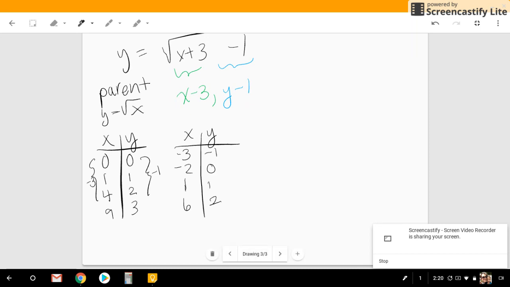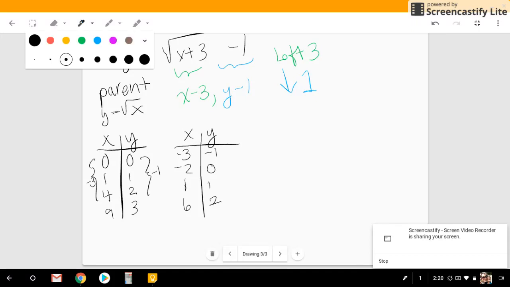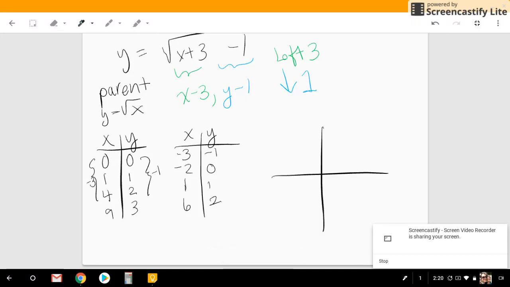And if you were to graph this, you would find that the inside makes a shift to the left 3 units, and that outside piece moves down 1 unit. So graphing this, here's my original, would move left 3 and down 1, and then still have the same graph kind of like this. You hopefully are going to do better when you plot it.